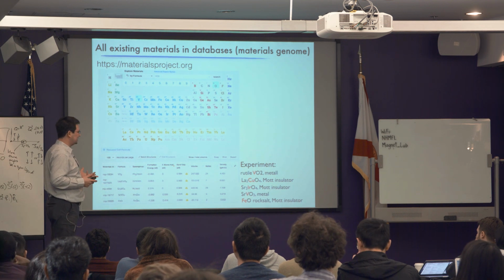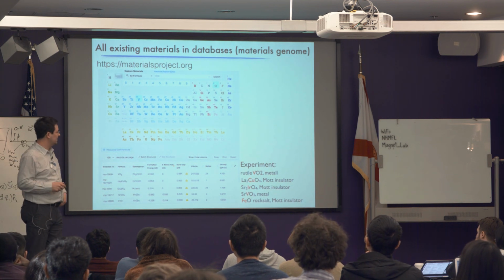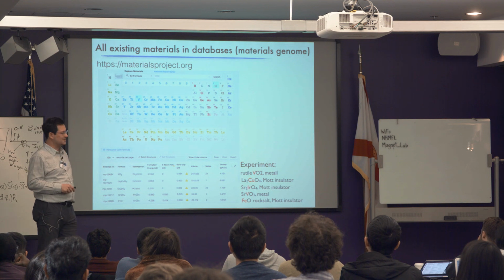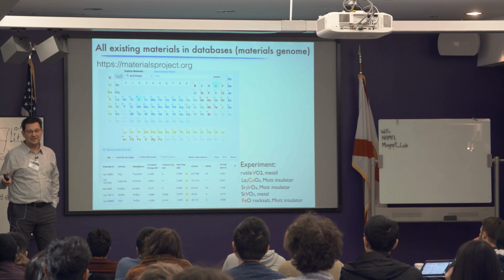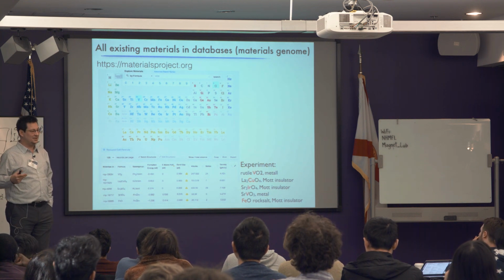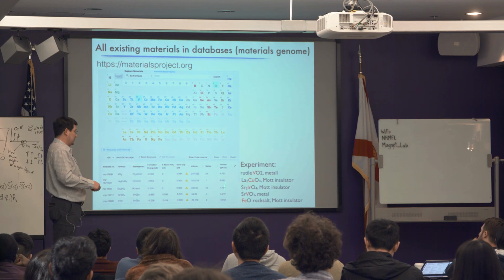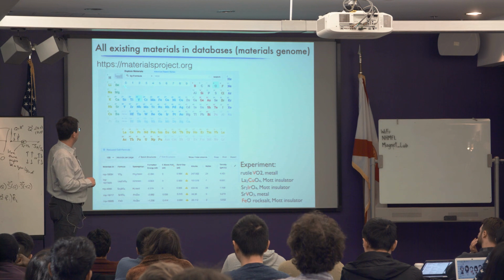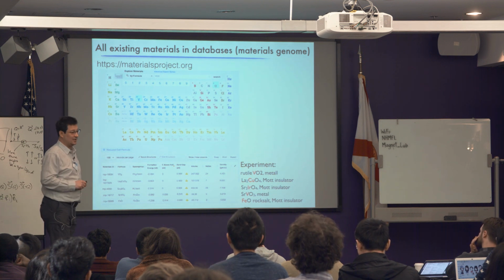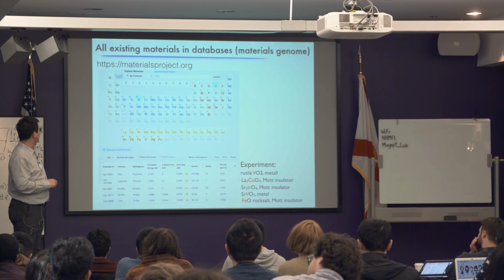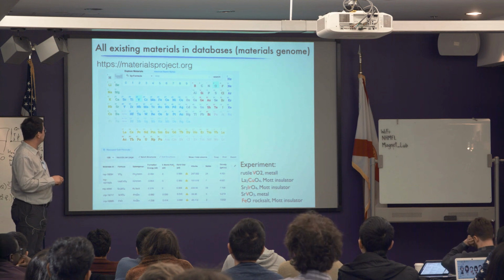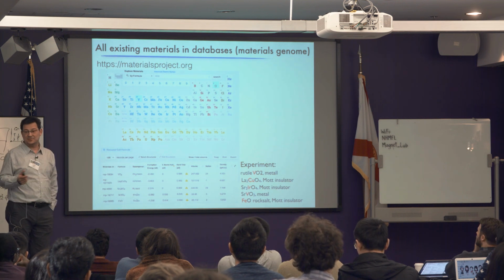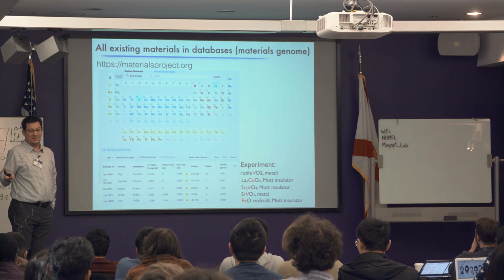But of course, in correlated systems, that's not that straightforward. So I selected here a couple of materials which I worked on, and in which dynamical mean field theory works very well. So it predicts all important properties of them. And I checked one of the most famous projects in materials genome, the Materials Project. And the question is, how well do they do?